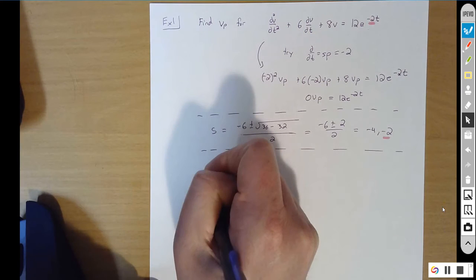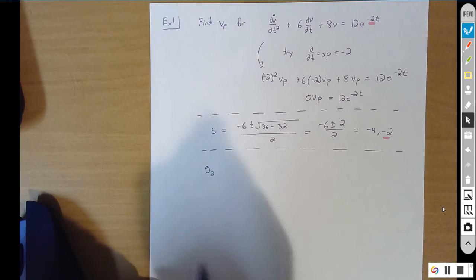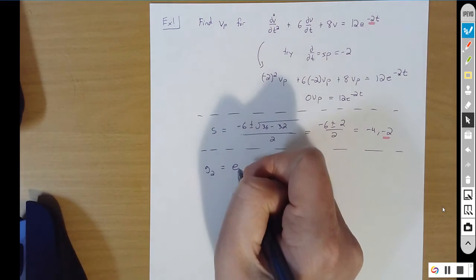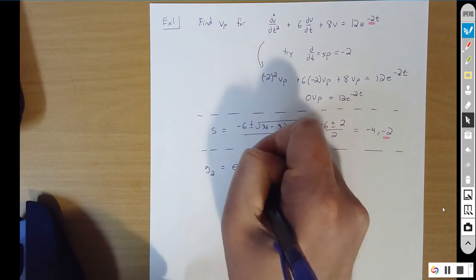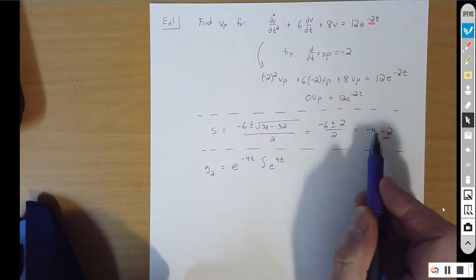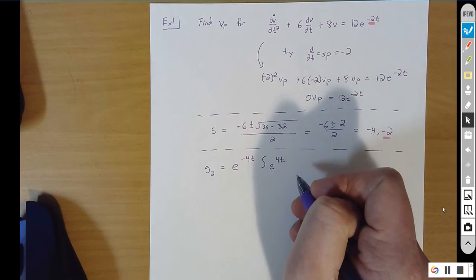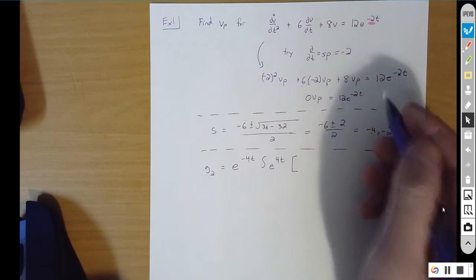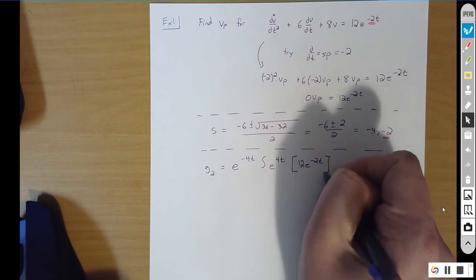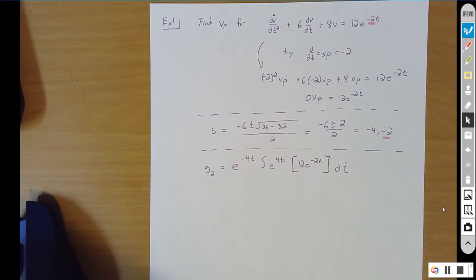Instead of saying v particular equals, we're going to say that G2 equals e to the negative 4t, integral e to the 4t. So I'm using this 4 right here. And then we put the right-hand side in here. So our right-hand side is 12e to the negative 2t, and dt.